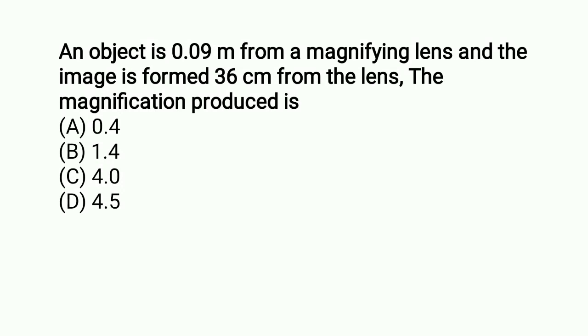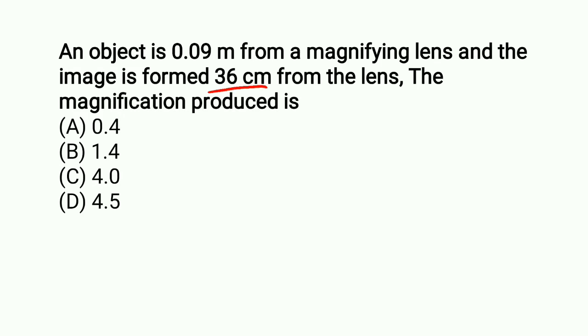Next question. An object is 0.09 meter from a magnifying lens and the image is formed 36 centimeter from the lens. The magnification produced is?